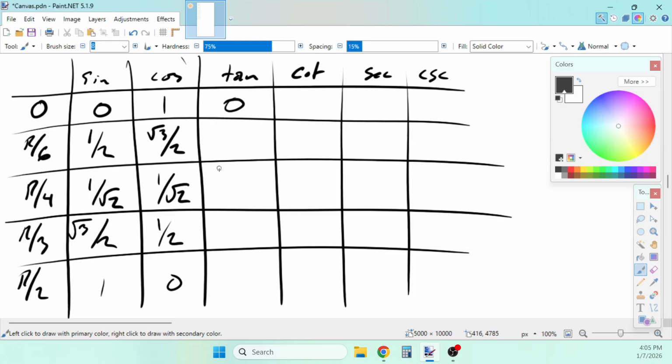Tangent goes 0. And then we have 1 over square root 3, 1, square root 3. And it's undefined here. Cotangent is a cofunction with tangent. So it's the same in reverse order.